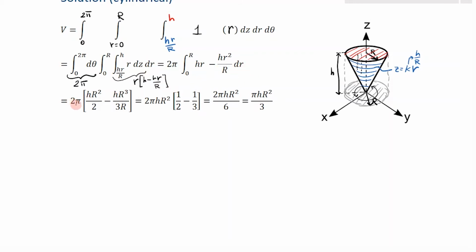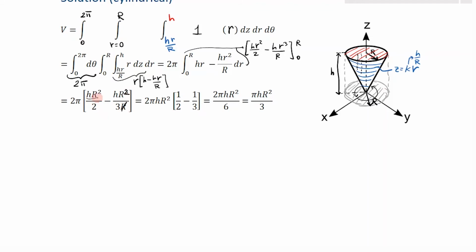This is equal to 2 pi, and then we get the following. When we integrate this, we get hr squared over 2 minus hr cubed over 3R from 0 to R. And when we plug everything in, we get h capital R squared over 2 minus h R cubed over 3R. Then we cancel this and this partially, so this becomes a 2, and this goes away.